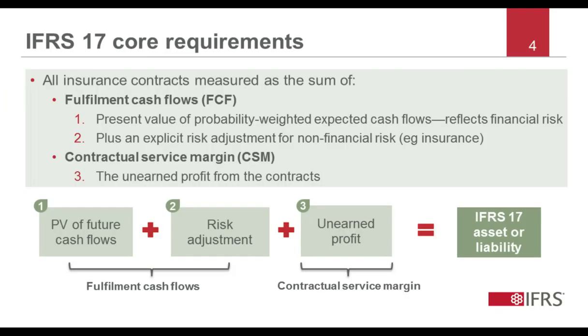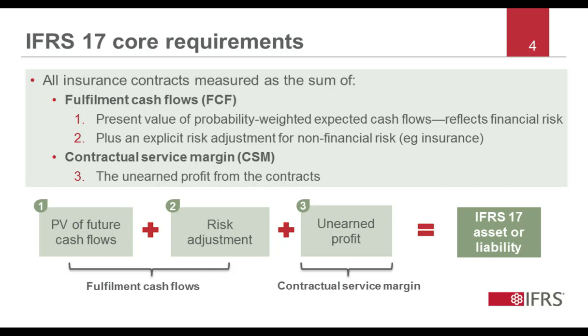A quick reminder, what are the core measurement requirements of IFRS 17? Insurance contracts are measured as the sum of two components, the fulfillment cash flows and CSM. The first component, the fulfillment cash flows, are the net future cash flow estimates. Fulfillment cash flows reflect financial risk.